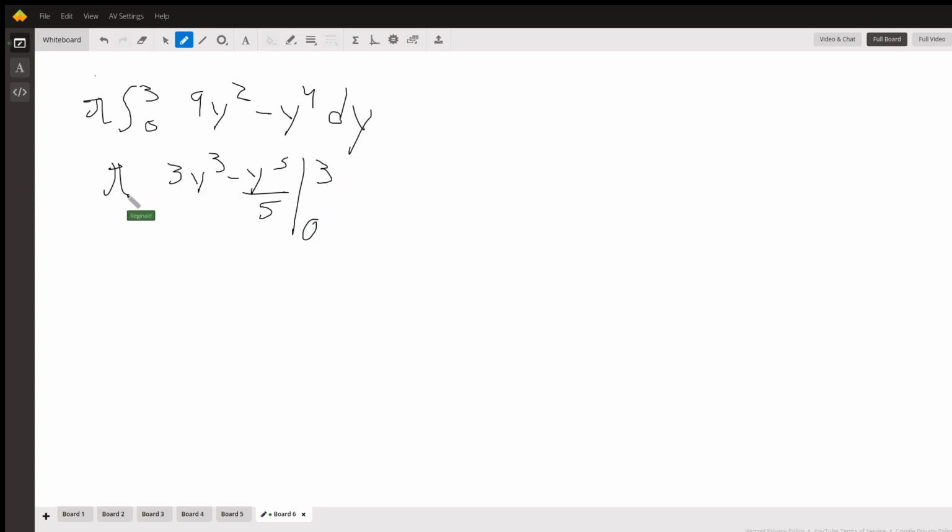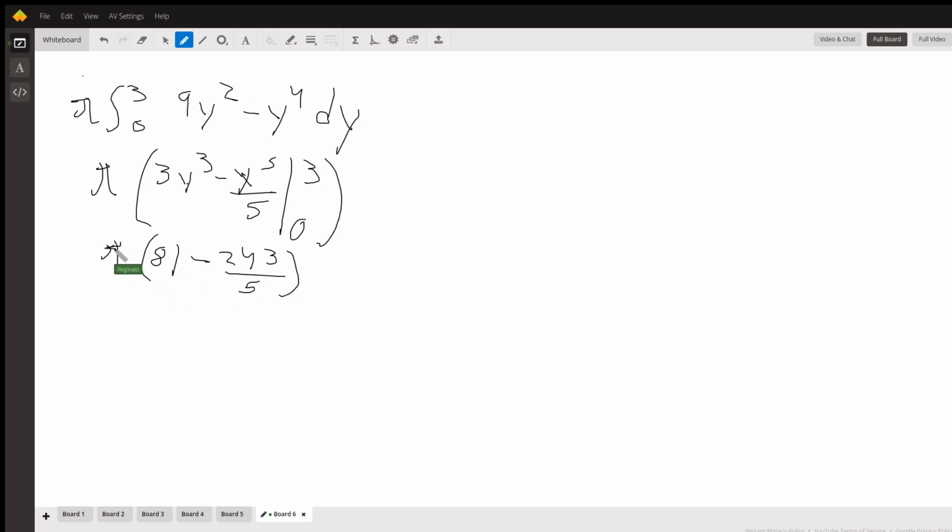Don't forget the pi. Plug a 3 in. 3 cubed is 27 times 3, that's 81. 3 to the fifth, let's see, that's 9 times 9, that's 81 times 3, 243 over 5. Don't forget the pi. 405 minus 243.